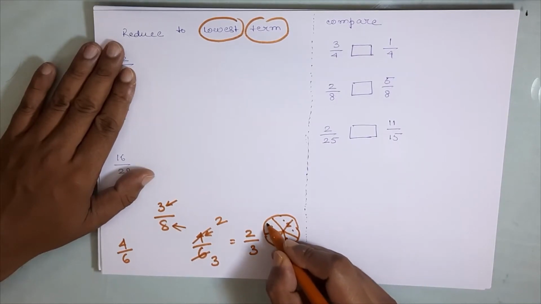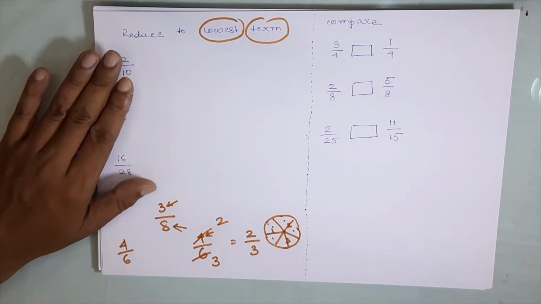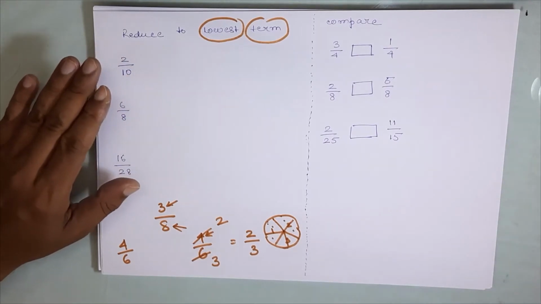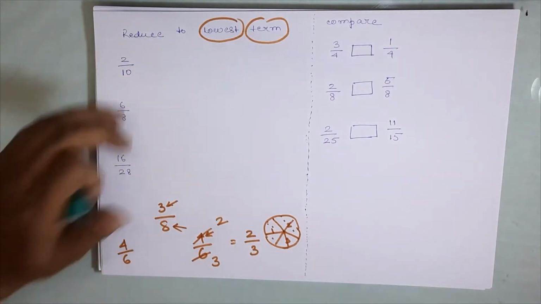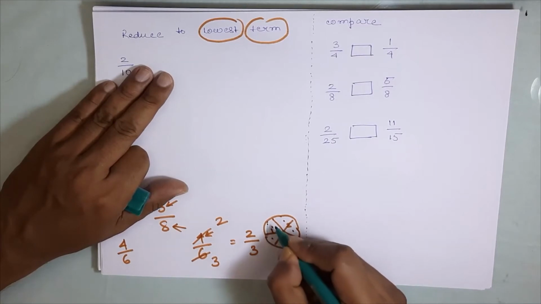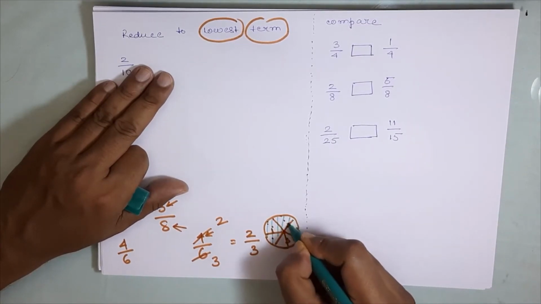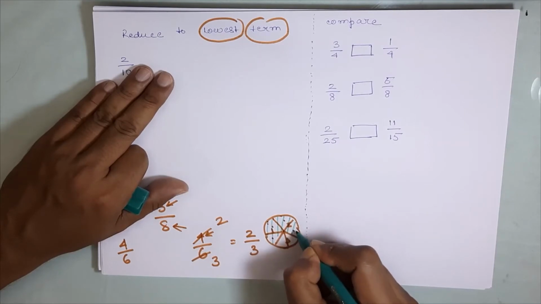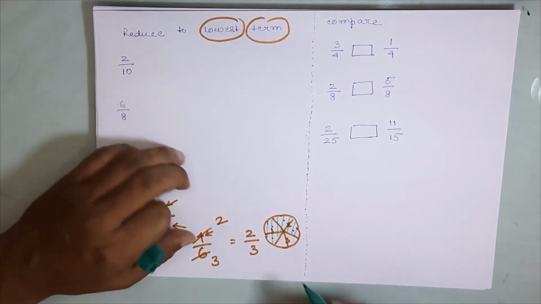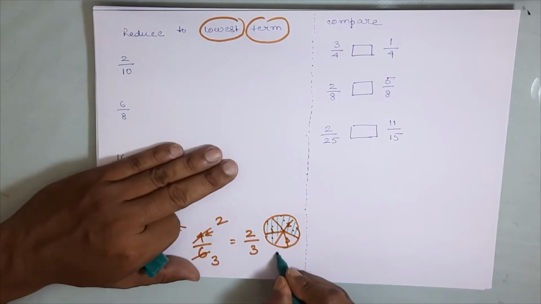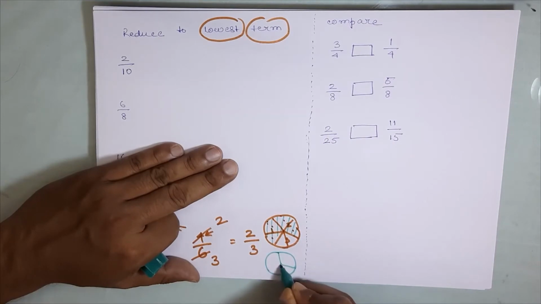See, 4 out of 6 is, let me change the color, this portion. And if we talk about 2 out of 3, I'll draw the same pizza and make 3 equal portions.